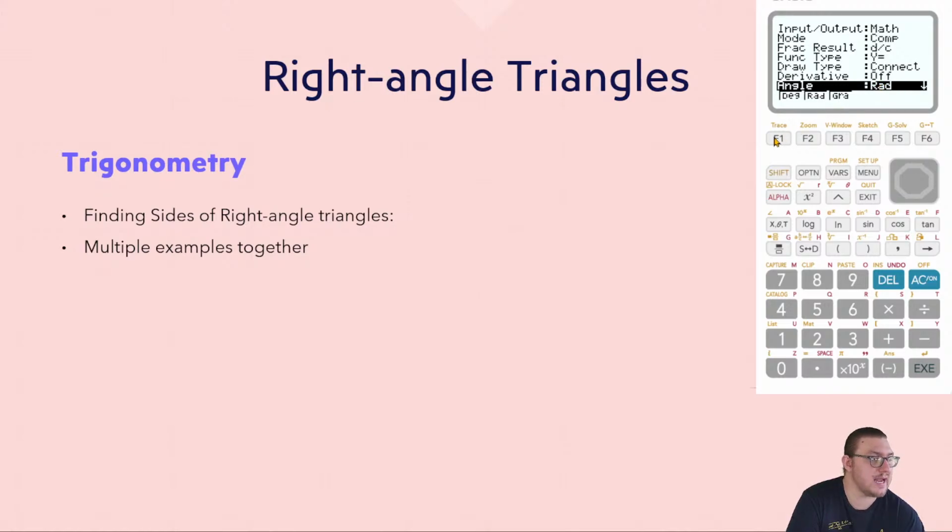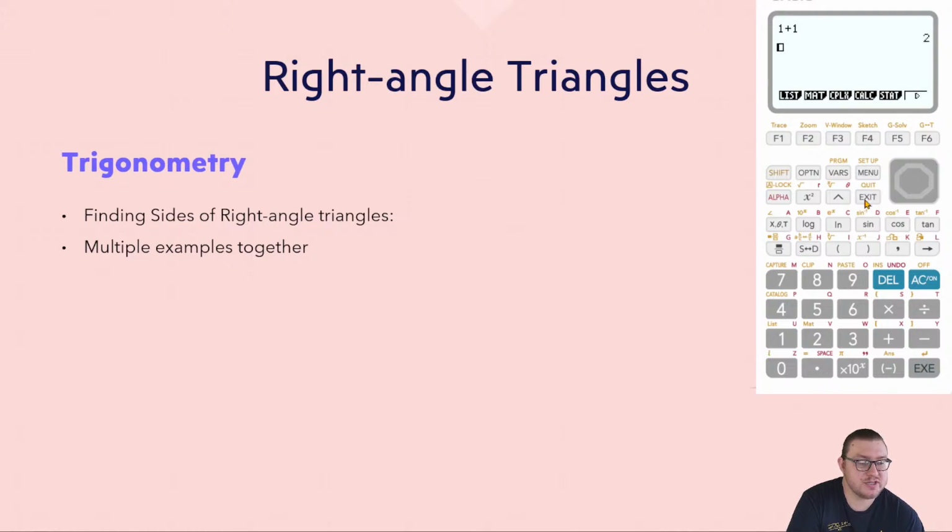So you can press F1. My calculator was set to radians, which is what you will be using later on if you continue with mathematics. So I will change it real quick to degree, just so I can show you these questions. Exit, and we can put this in.